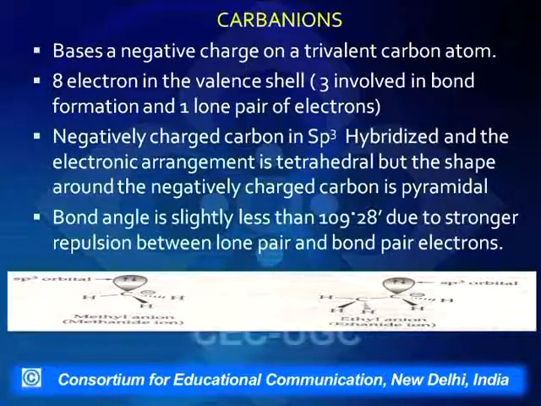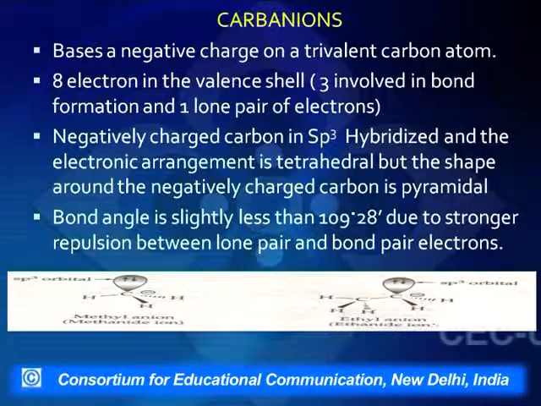So carbanions result again as a result of heterolytic cleavage, and since they keep the bonding pair of electrons, the outermost shell has 8 electrons in it. So a carbanion will now act either as a nucleophile or as a base.